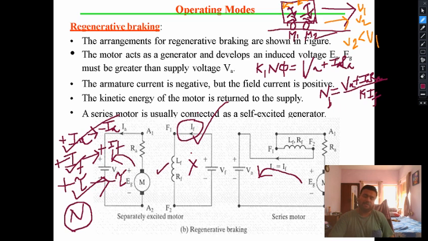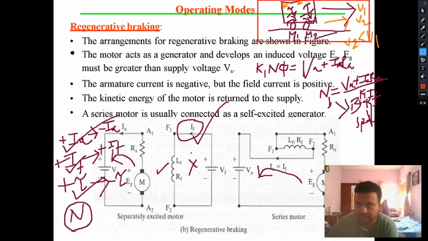Let us denote it by NB, where NB is the braking speed. So we have to calculate the speed during motoring.